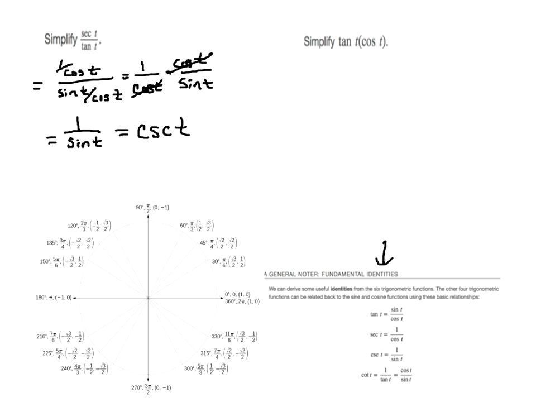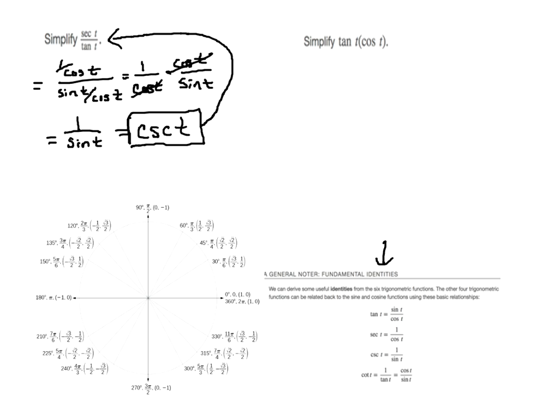And 1 over the sine of t is the reciprocal of sine, which is the cosecant of t. So what this says is the cosecant of t is the same exact thing as the secant of t divided by the tangent of t.